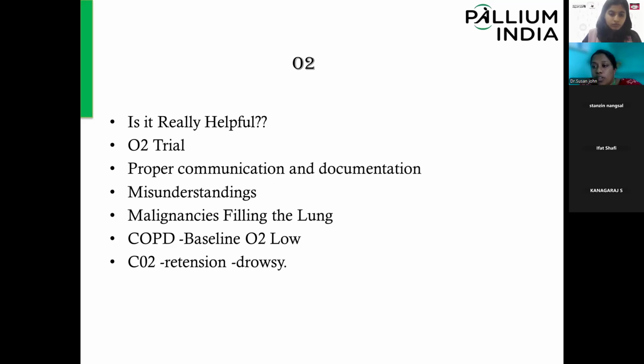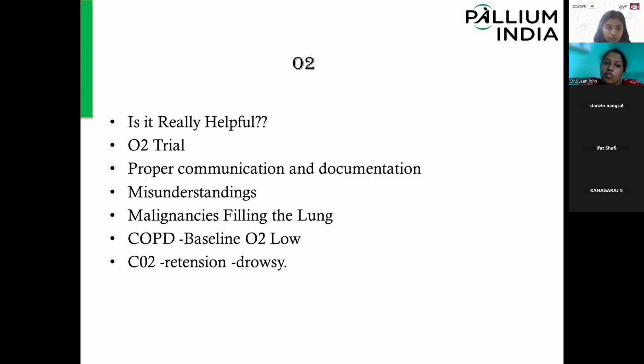Okay. So most of the time, in cancer-related breathlessness there is too much mass. Most of the tumor cells are occupying the lung tissue. This is the cause of the breathlessness, not only hypoxia or low oxygen level. When we give too much oxygen, but there is no area in the lung to hold and get a good oxygen, there is no point in continuing this oxygen therapy.